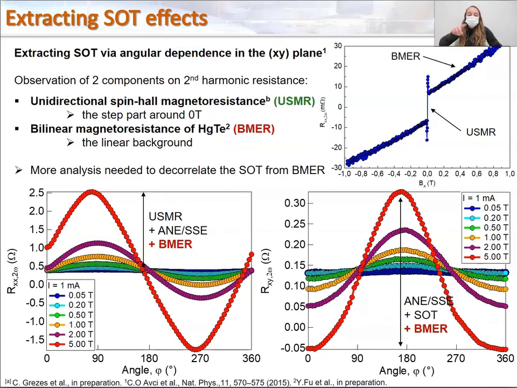The second is a linear background, which corresponds to the BMR of the HgTe alone due to symmetry breaking at the surface states of the TI. We are currently investigating this BMR effect, which must be quantified to properly decorrelate the spin-orbit torque effect from the BMR effect.